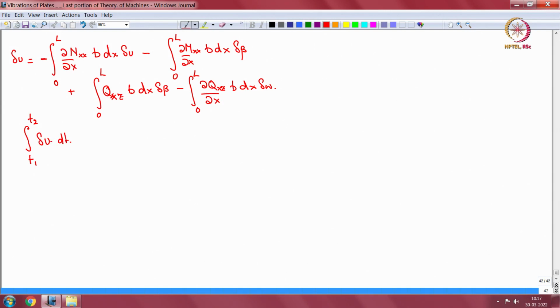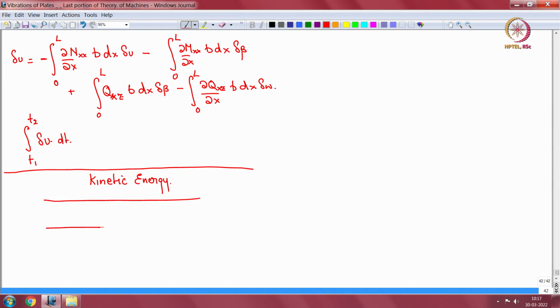Now the kinetic energy part. We will now consider that every point has a vertical velocity w dot and a horizontal velocity u dot.